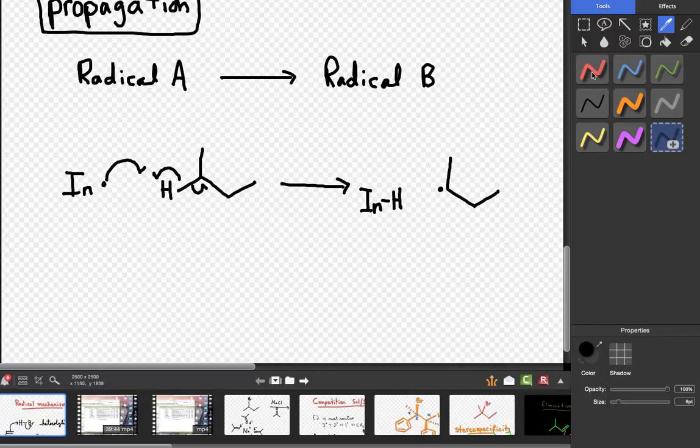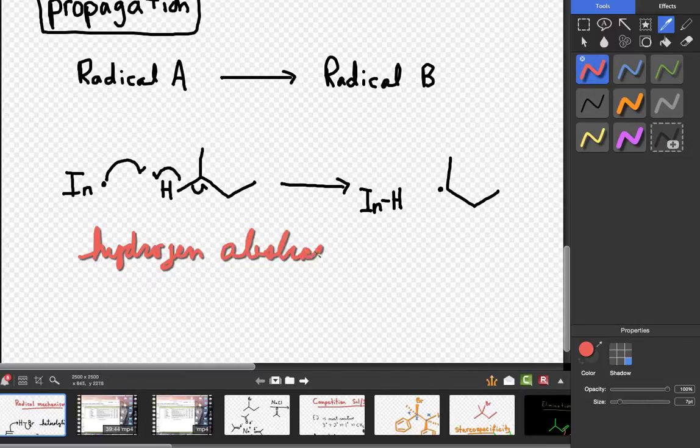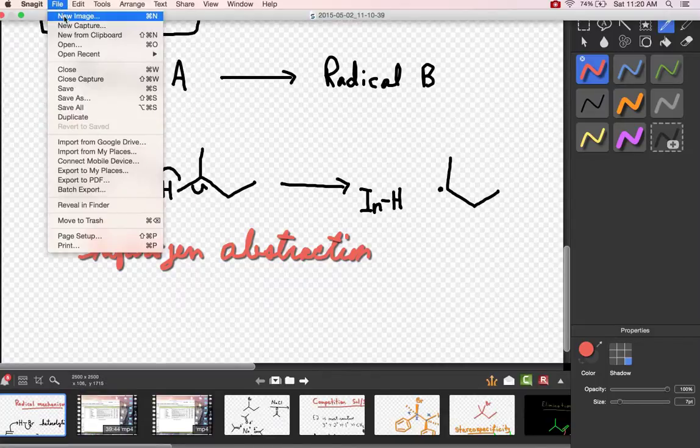This mechanistic pattern is known as hydrogen abstraction. I know you're going to feel tempted to call this a proton transfer, but it's not a proton transfer because you are removing a hydrogen atom plus one electron, not simply a naked proton. So this is hydrogen abstraction.